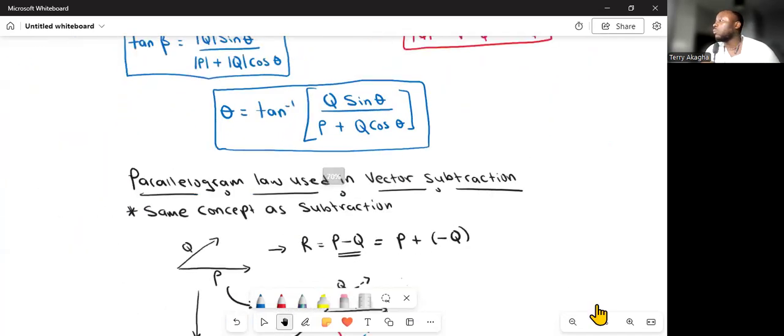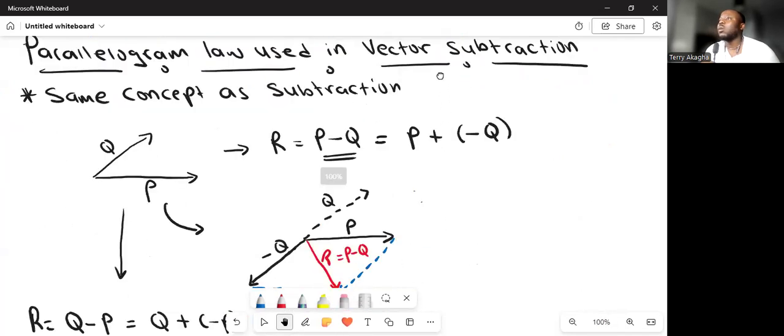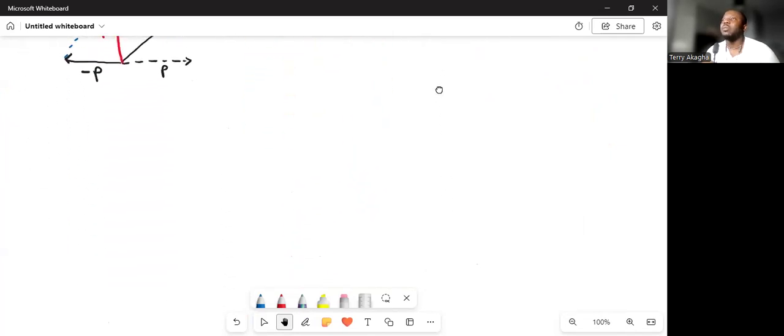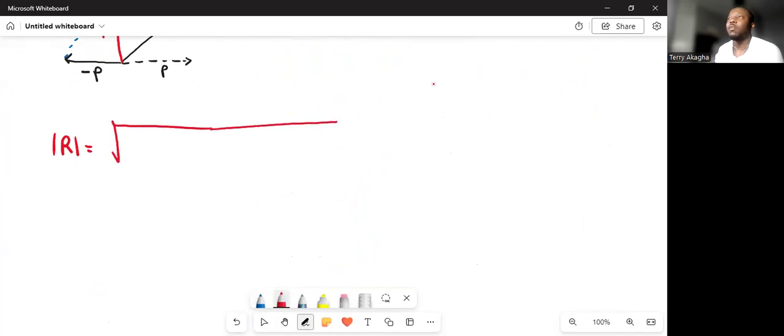So how do you get the magnitude of R in subtraction? The magnitude of R is going to be equal to the square root of the magnitude of P squared plus the magnitude of Q squared, but instead of positive, we're going to have negative.